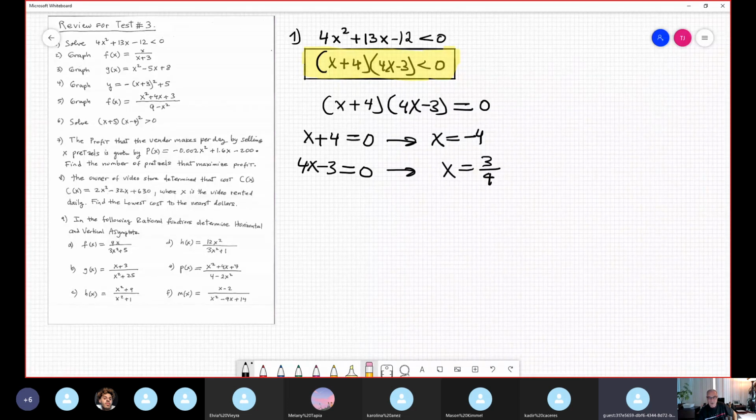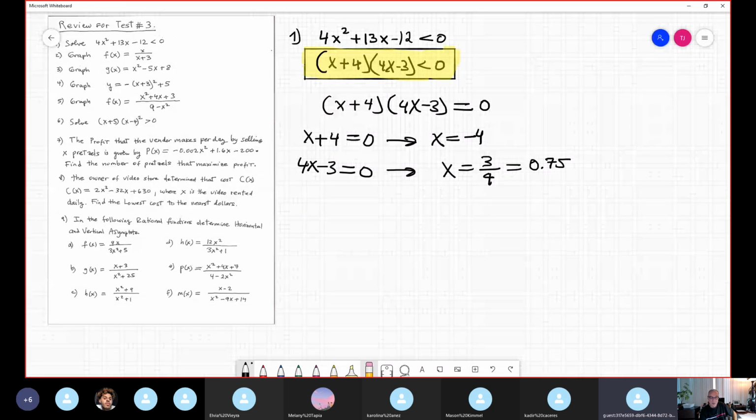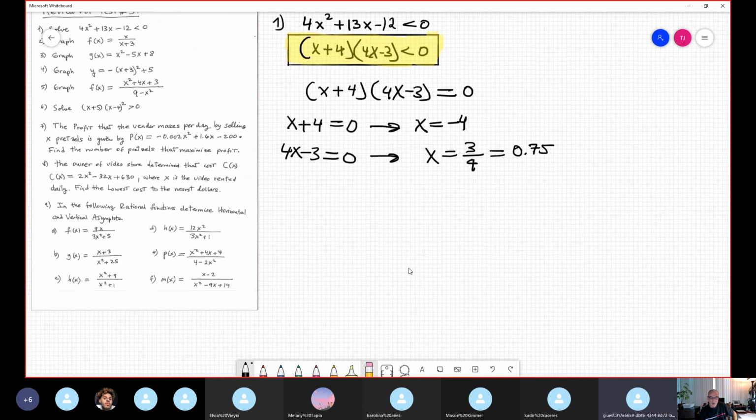By the way, 3 over 4 in decimal is 0.75. It is important to express it in decimal because now it's the graphic part, and this is the way I want to see the solution. Step 1 is factorization, then compute the critical values. The critical values are negative 4 and 0.75.